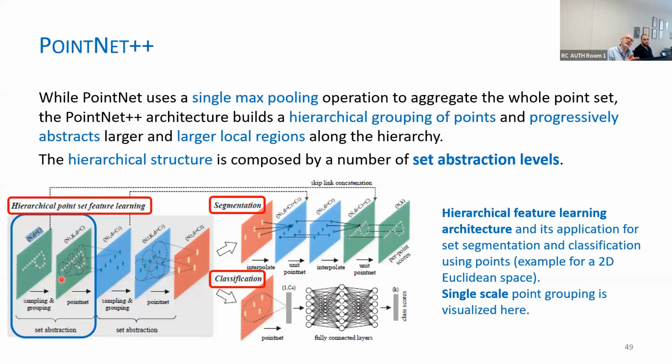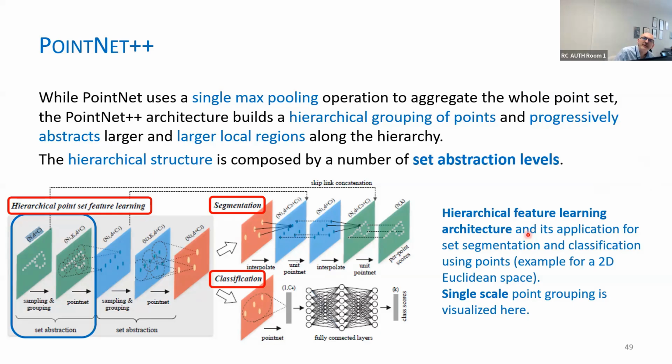And so there is the idea of these abstraction levels. So this is set abstraction. It's a way to construct like a multi-resolution analysis at different levels of granularity of the original set of points. So basically, a hierarchical structure is constructed with these set abstraction levels.